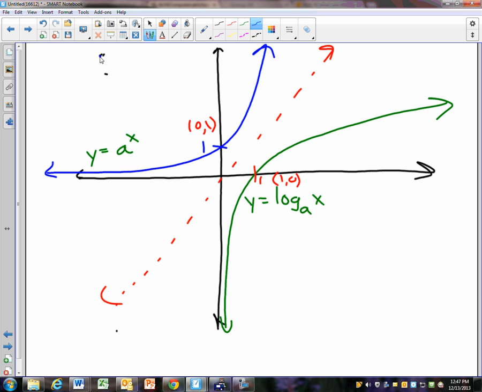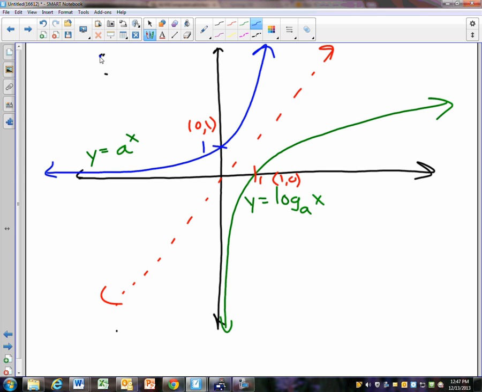So, which one of these graphs, the blue one or the green one, are you familiar with? The blue one, right? And you see that it has a horizontal asymptote of 0, and it passes through the point 0, 1. I just told you that exponential functions and logarithms are inverses of each other. Remember when we talked about inverses?